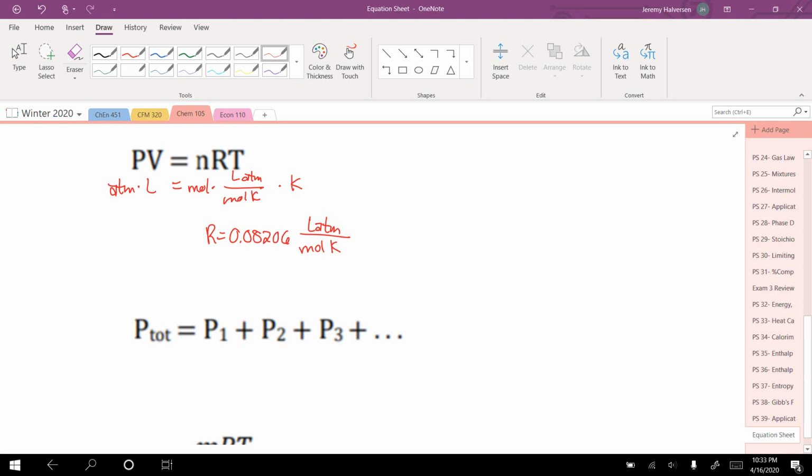Another application of this equation is if we have a gas that's in one set of conditions and then gets transferred to a different set of conditions. And in that case, we have our first set of conditions. We know that PV over NT is always going to equal R. So it's going to equal R in the first set of conditions, and it's going to equal R in the second set of conditions. So PV over NT is always going to equal PV over NT.